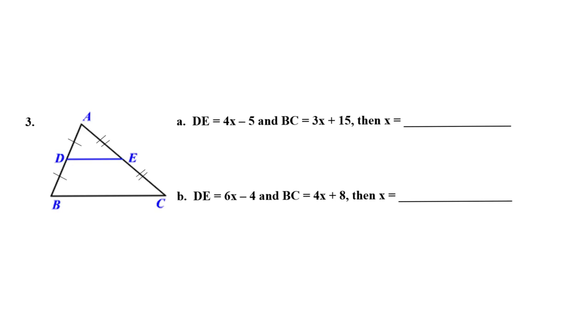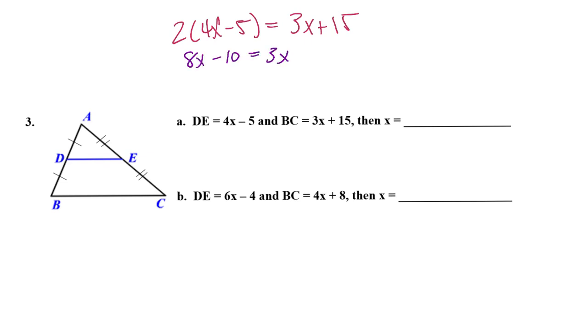Okay, here on number 3, you see that we have 2 different problems. For the first one, it gives you that DE is 4x minus 5 and BC is 3x plus 15. So DE is your midsegment, so that's the one we're going to times by 2. So 2 times (4x minus 5) equals 3x plus 15, and then we solve like normal. So 8x minus 10 equals 3x plus 15.